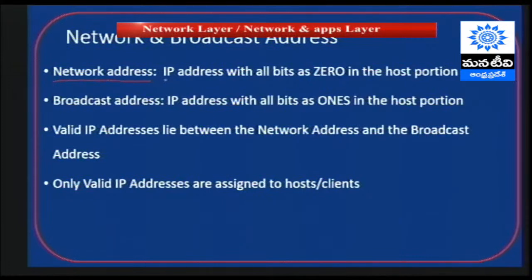In the IP address format, which we have just seen, remember there is N.H.H.H for class A. If all the bits in the host portion are set to 0, such an address is called a network address.